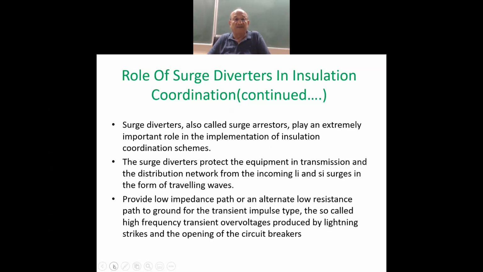Switching operation takes place at every substation at high voltage, and overvoltages are produced. So the overvoltages are produced mainly on the transmission network, but once produced, they spread in every direction depending upon the impedance of the path.